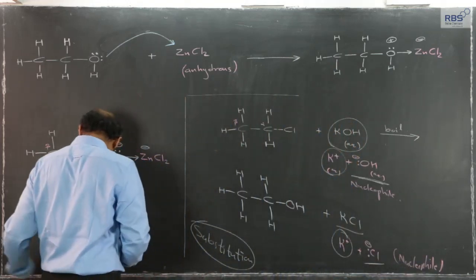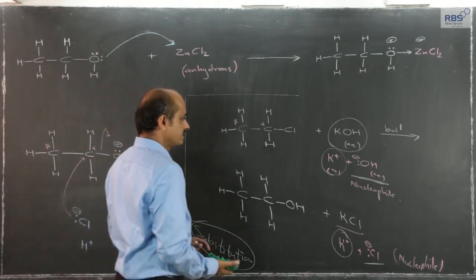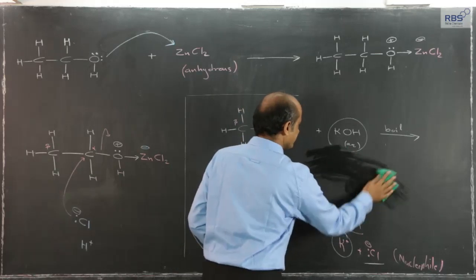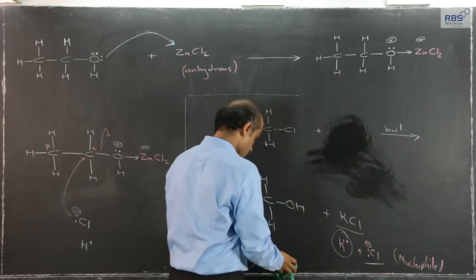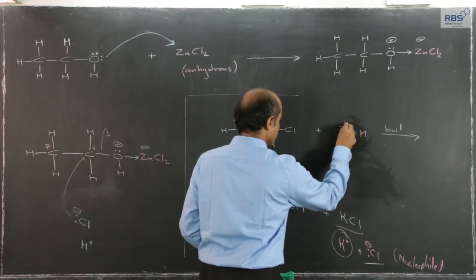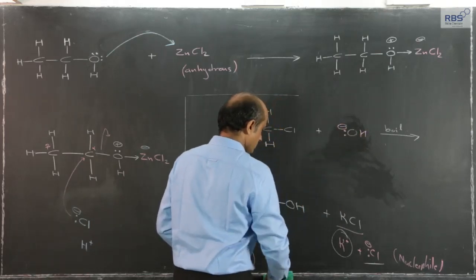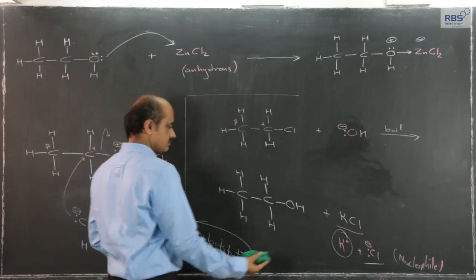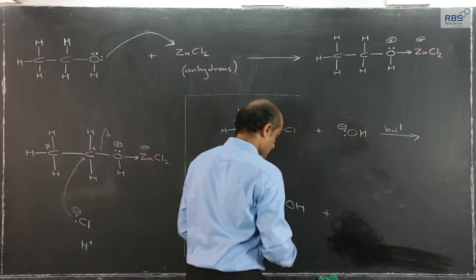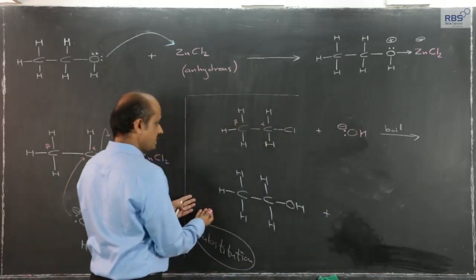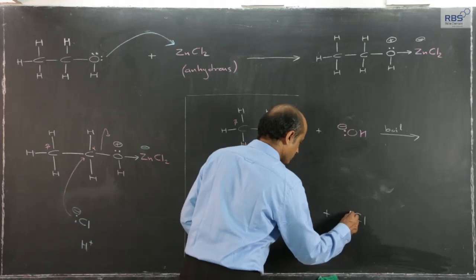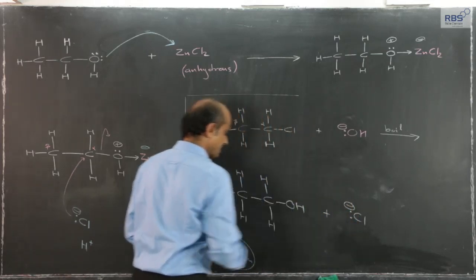So, in short, what has happened is this: free OH minus ion from KOH attacks the alpha carbon, and what we get is ethyl alcohol, and the chlorine atom comes out in the form of Cl minus ions.